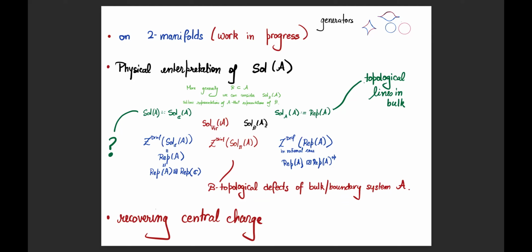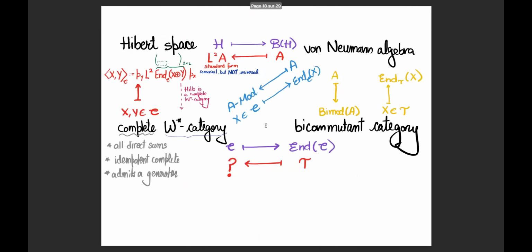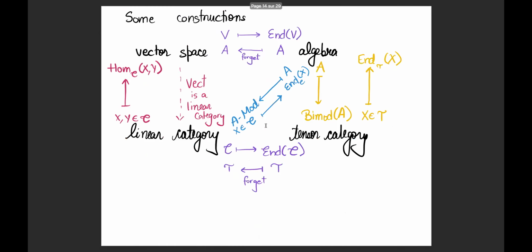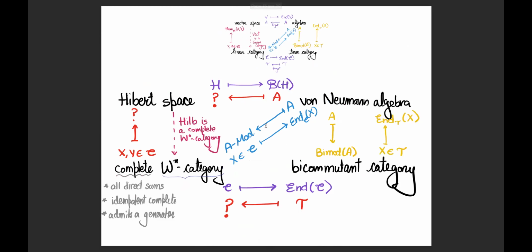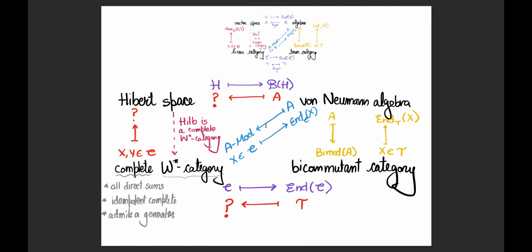Questions? Yeah. Why do you choose to categorify from one algebra system of C-star? Let's see. There is a trivial answer to this question and a non-trivial answer. Firstly, if you care about Hilbert spaces and you want to do the same thing that you did to vector spaces, take endomorphisms of it, you land in von Neumann algebra land.